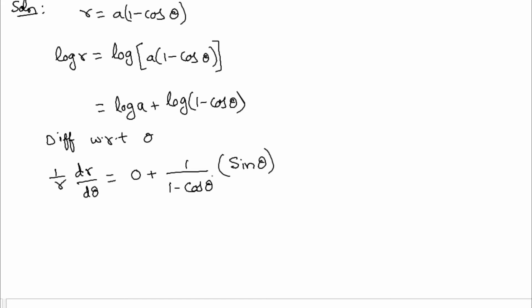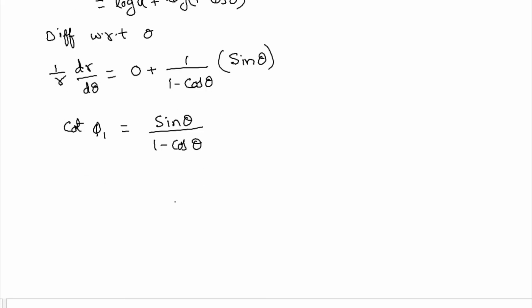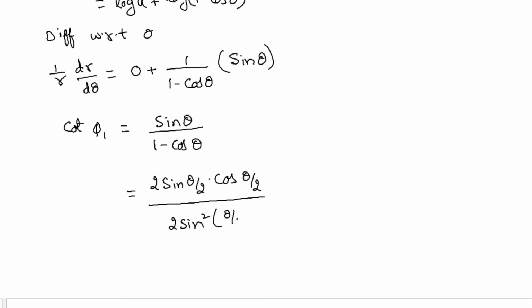So 1 by r dr by d theta is nothing but cot of phi, and for the first curve we're taking phi 1. That is equal to sine of theta divided by 1 minus cos of theta. Let us use the half angle formula here. Sine theta can be written as 2 sine theta by 2 into cos theta by 2, whole divided by 1 minus cos theta, whose formula is 2 sine square theta by 2.